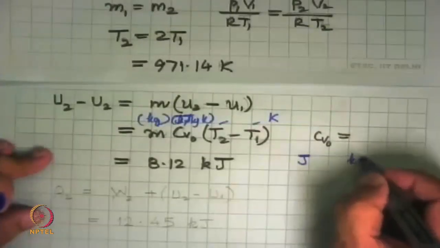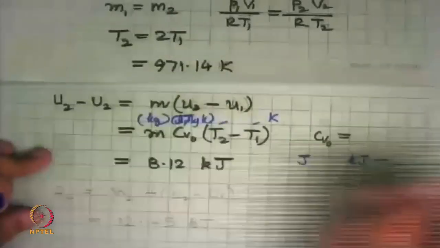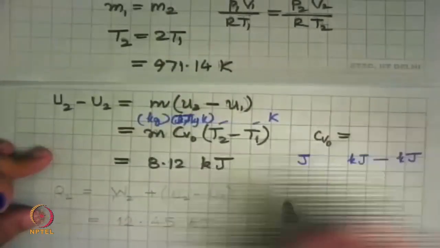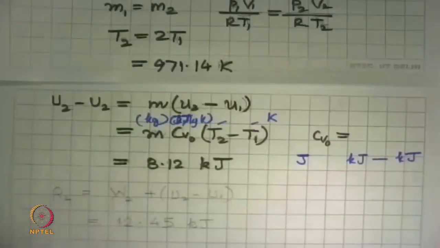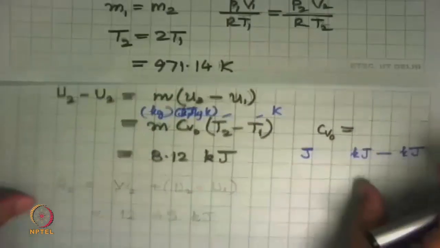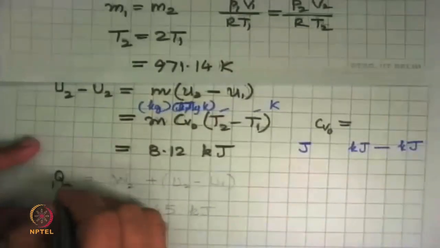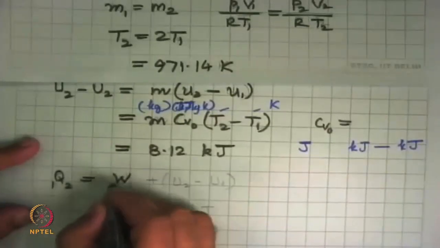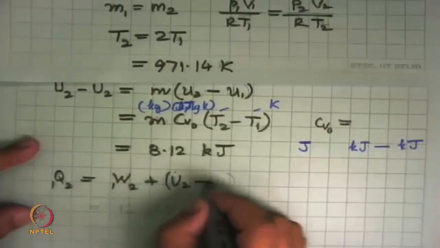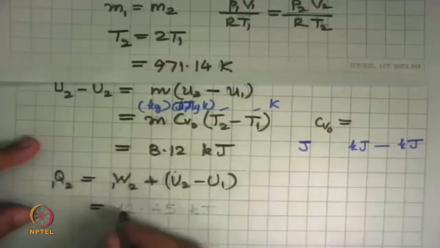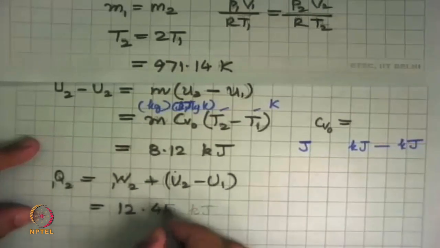If initially we took kilojoules, we must consistently keep kilojoules and make sure the final answer is also in kilojoules. So we get the change in internal energy, and substituting that finally in Q12, this becomes W12 plus U2 minus U1, and this is calculated as 12.45.